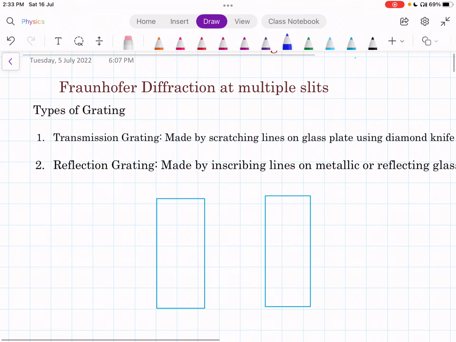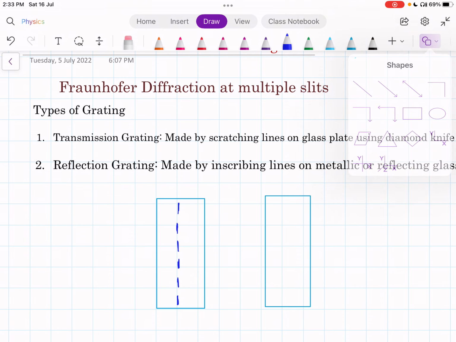Transmission gratings are made by scratching lines on a transparent glass plate using a diamond knife. Lines are scratched on the transparent glass plate so that these lines can act like opaque space.